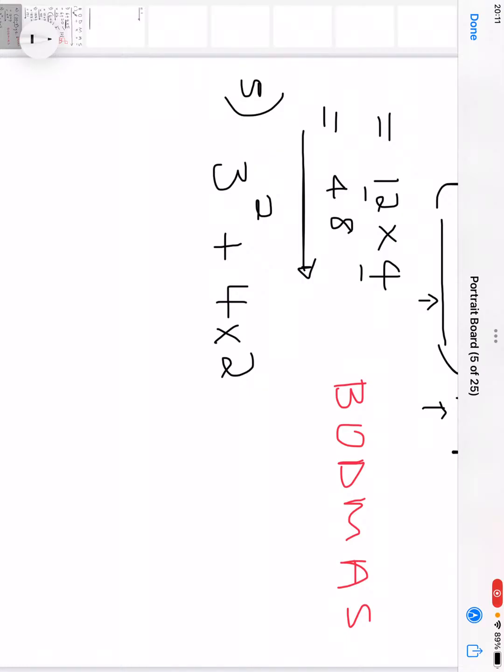So let's see. Now BODMAS, we don't have the brackets. Order, we do have the power. So the power, what is 3 squared? Definitely you know from even grade 8 and 9 that 3 to the power of 2 gives you 9. So that's where we start, because we have that 3 to the 2 as a power.